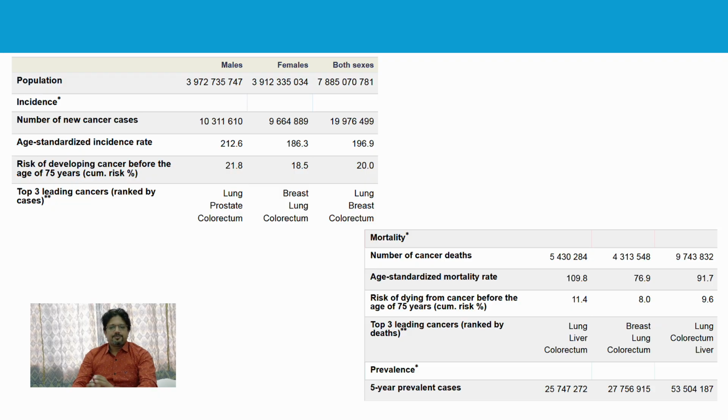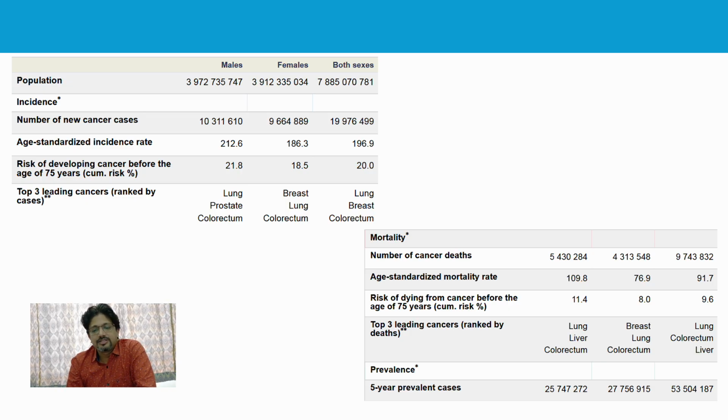From this information, as we have seen, there are around 1 crore 99 lakh cases per year. If we see the incidence rate, what information do we get if the incidence rate is written as 212 or 196? It means 196 cases per 1 lakh population will be diagnosed with cancer.